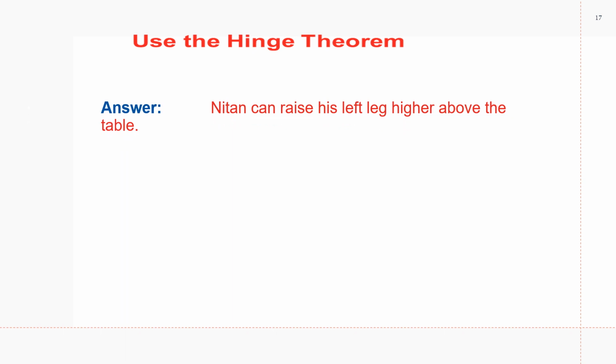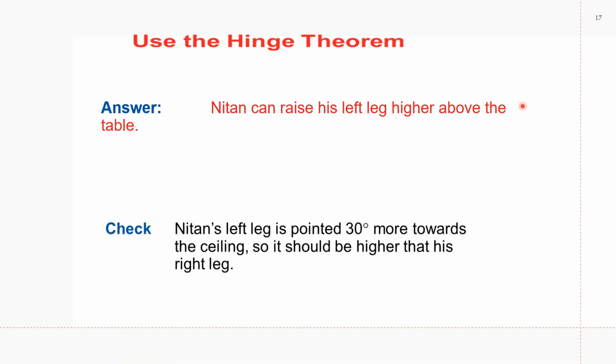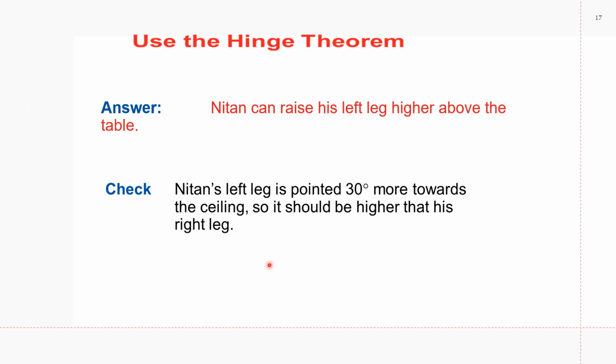So the answer: Nathan can raise his left leg higher above the table. Check if it's correct. Nathan's left leg is pointed 30 degrees more towards the ceiling, so it should be higher than his right leg.